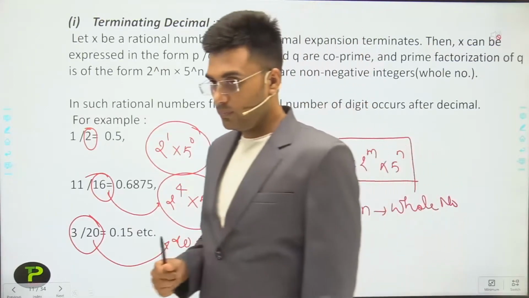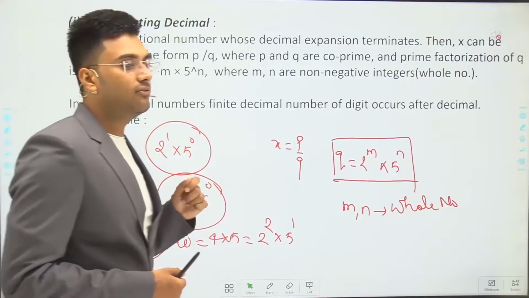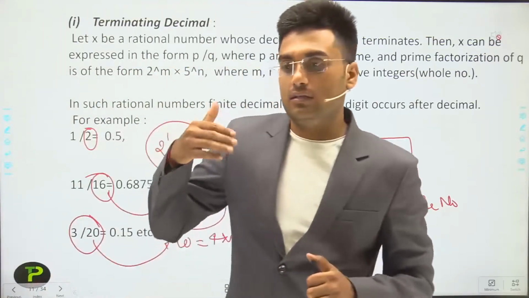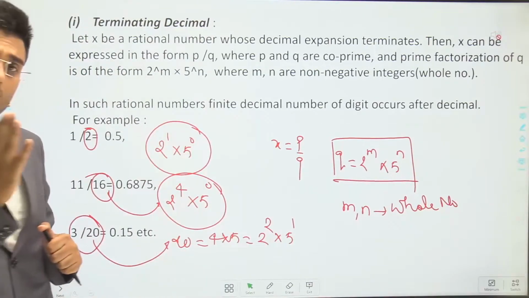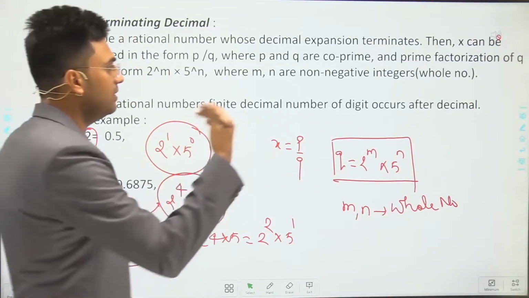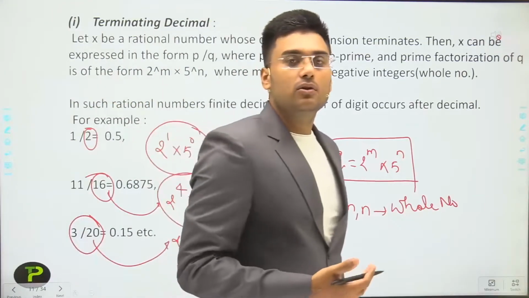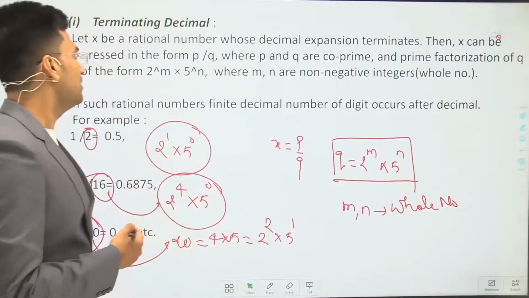So in these examples, you are finding the terminating or non-terminating decimals without the division method. Let's take one more example after a few slides to understand this concept. First of all, let's discuss the non-terminating.